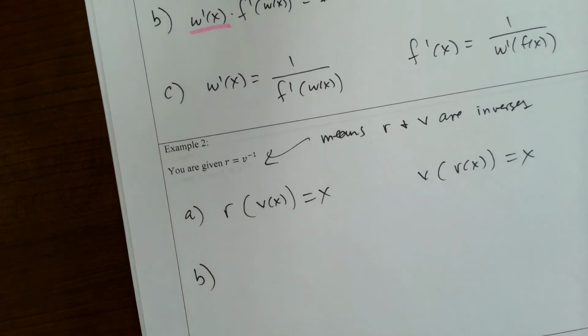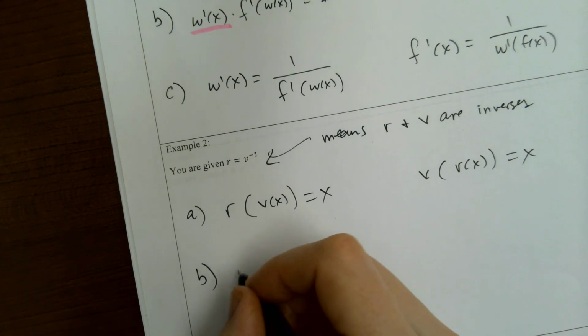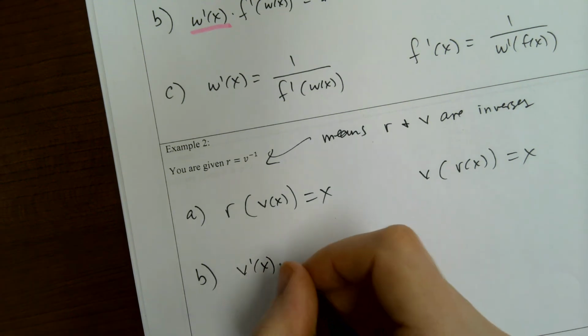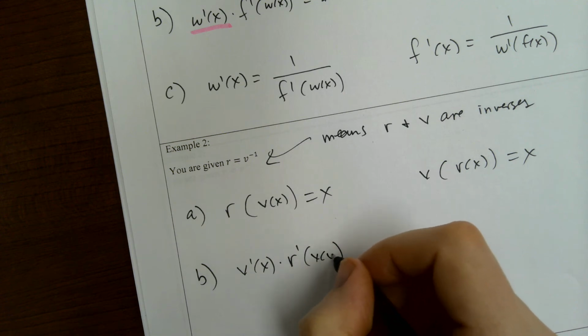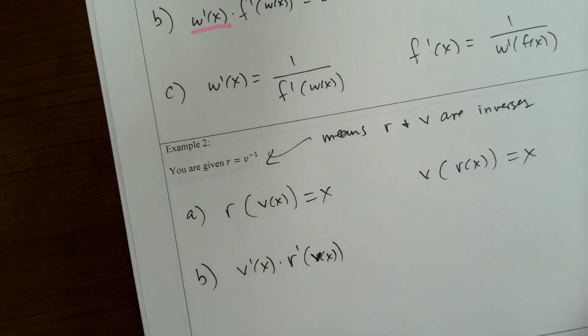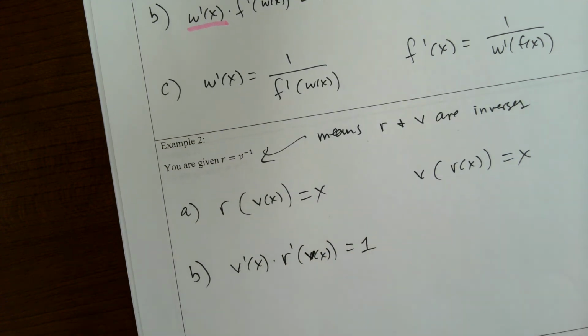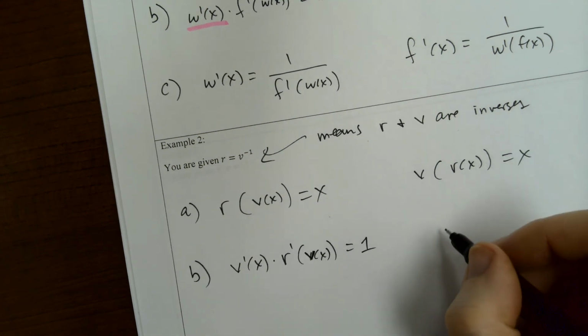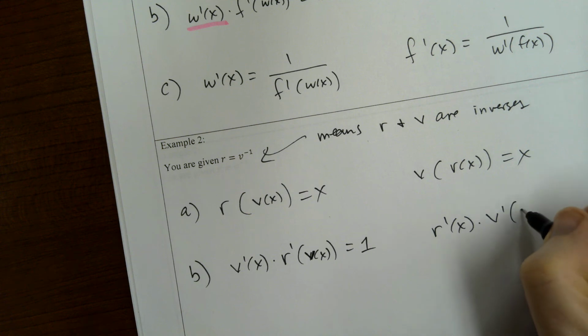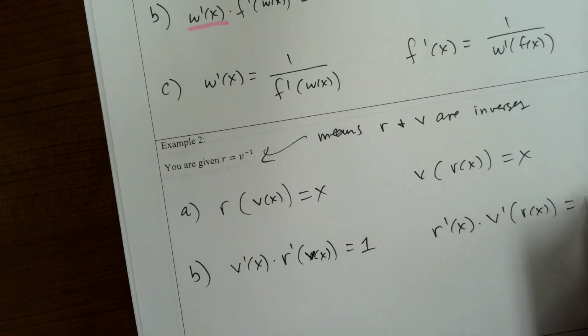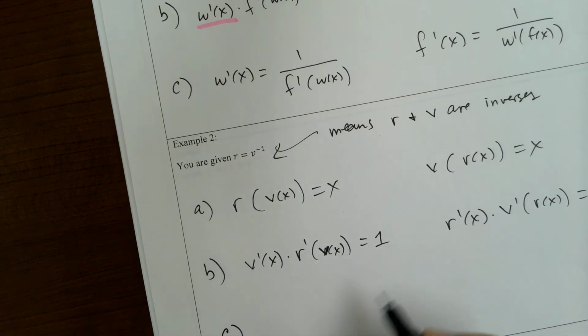Part B. This time I'll do the derivatives without the chart. So the derivative of the inside is V prime of x. Derivative of the outside is R prime of blank. And then V goes back in, equals 1. R prime of x times V prime of R of x equals 1.